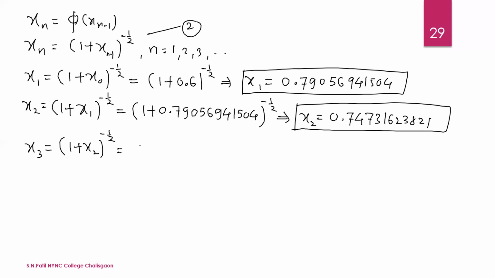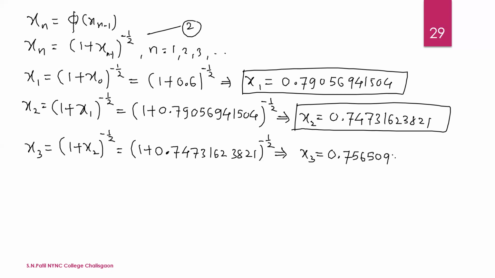x2 is calculated here, 1 plus 0.74731623821. So we get x3 is equal to 0.75650925163.